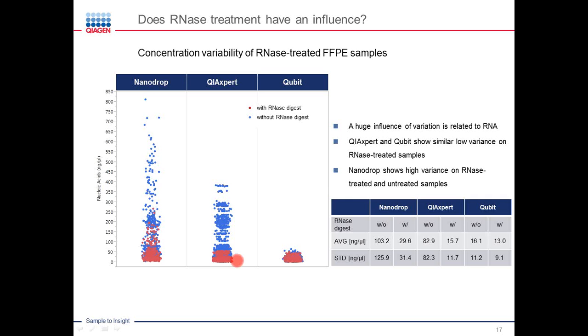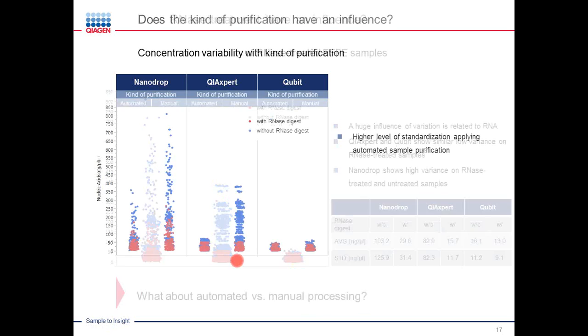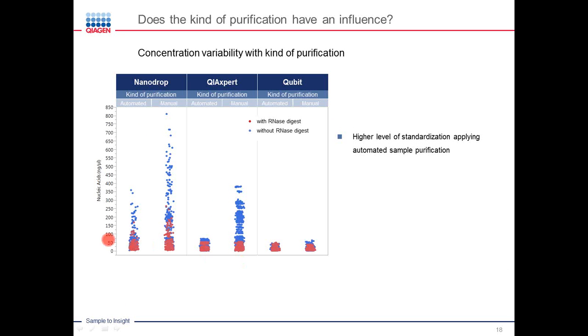So the next question we asked is, what about automated versus manual processing? Does that have an effect? This is what we see on this slide. We split out data points based on whether samples were purified on the QIAcube with an automated procedure versus manually.